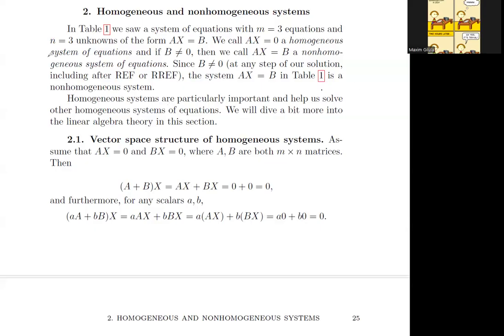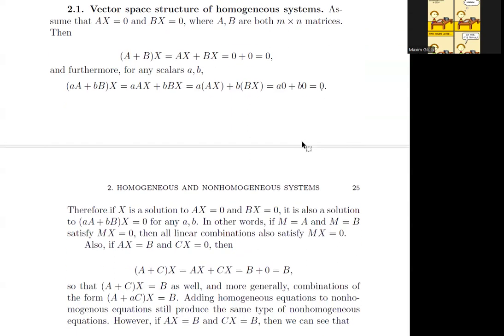Let's talk a little bit more about the vector space structure of homogeneous systems. Homogeneous systems are very interesting and very useful if you're solving differential equations or other systems. So if Ax is 0 and Bx is 0, where A and B are matrices of the same size, then (A plus B)x is also 0, because we can distribute x, and now Ax is 0 and Bx is 0.